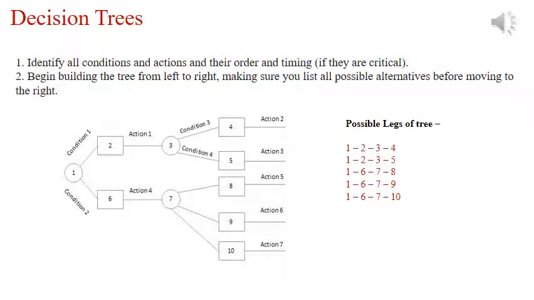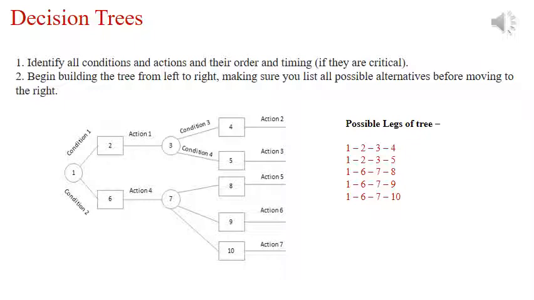Thereafter we move to third, and third shows that there are further two conditions after this action and these conditions have further actions. So in the diagram we are showing the sequencing one by one with each branch, like we are starting from one, then we are moving to second, then third, then fourth.